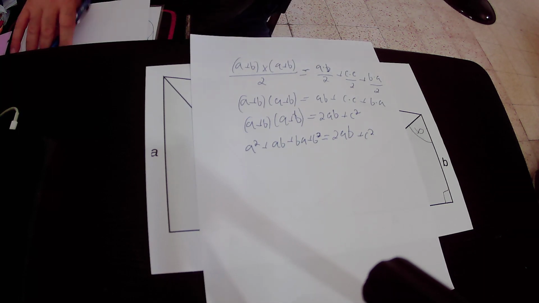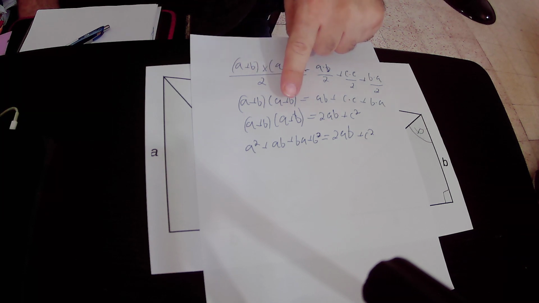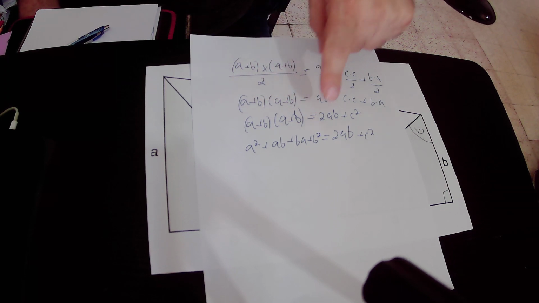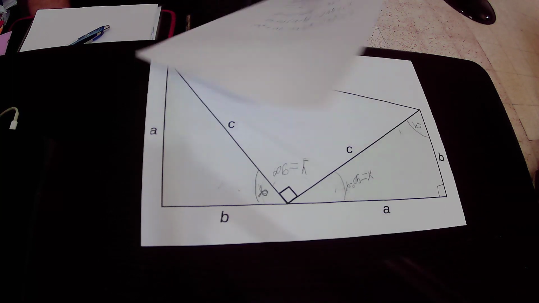So after we opened the brackets, we got that a times a is a square, plus a times b is ab, b times a is ba, and b times b is b square, equals 2ab plus c square, and again a times b plus b times a is 2ab.